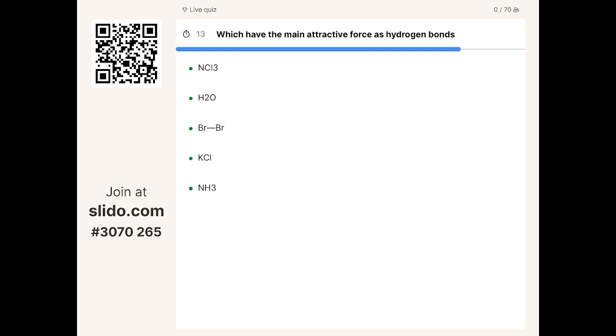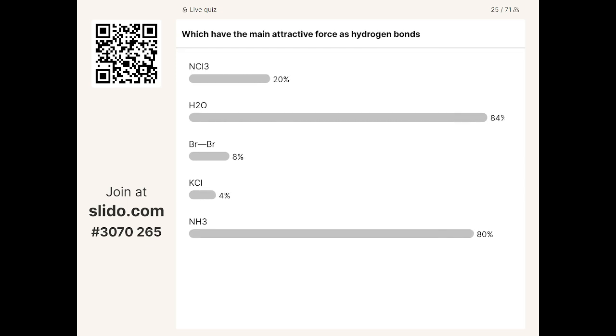Which of those have hydrogen bonds as their intermolecular attractive force? Okay, now that is correct. We got water, and we have NH3. The one you're looking for here is that hydrogen is bonded to fluorine, oxygen, or nitrogen, right? If hydrogen is bonded to those, they have the possibility of hydrogen bonding.